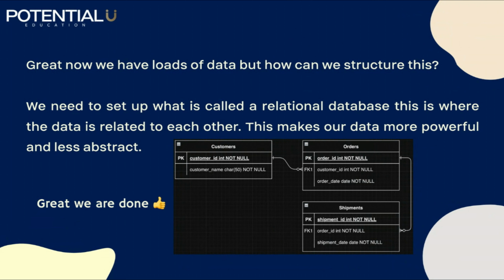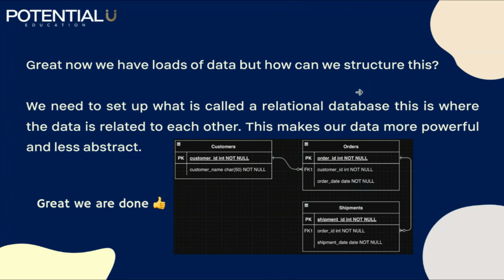With a relational database, we have primary keys, foreign keys, and attributes. Here we've got orders, and you can see the primary key, PK, is order ID, which is going to be an integer, so a number, and it has to be not null. We can't just give nothing, because then our whole database will collapse and nothing will work.